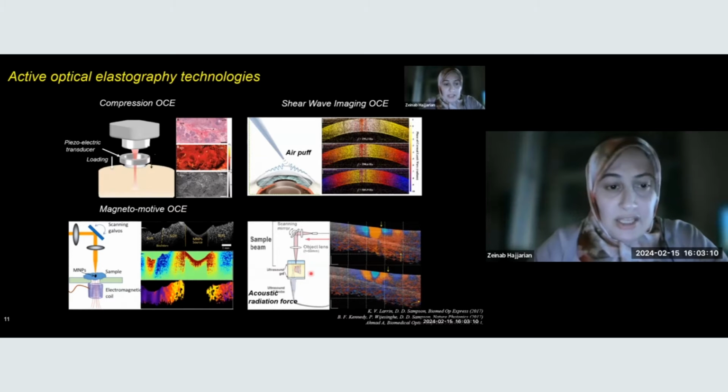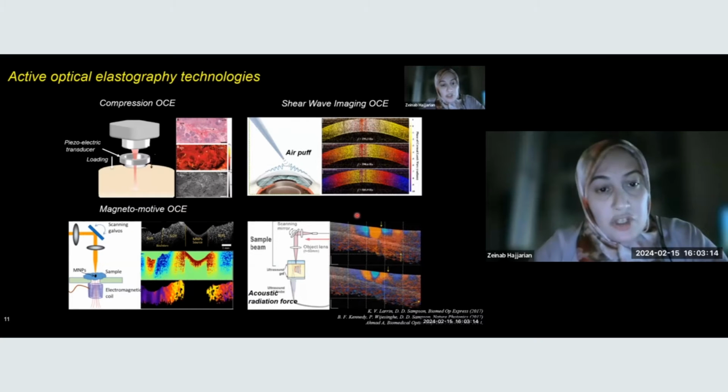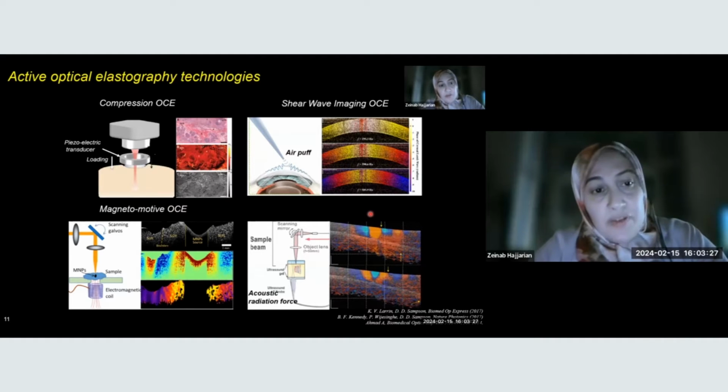The idea for these technologies is that some external load is applied to the tissue, and the deformation induced in the tissue is measured by the underlying OCT modality to extract the viscoelastic properties of tissue. The most well-known example is compression optical coherence elastography.